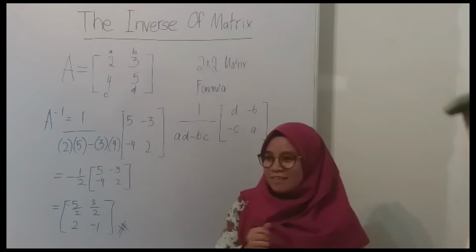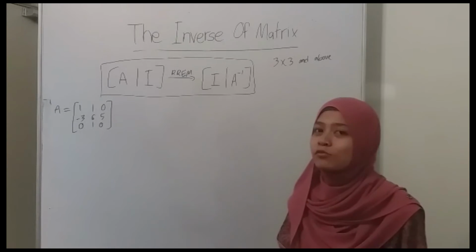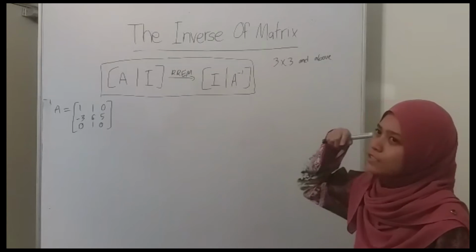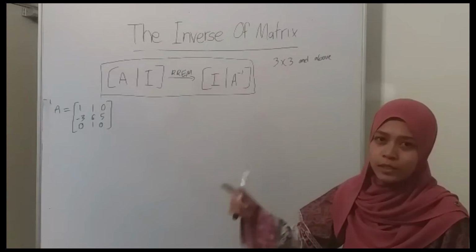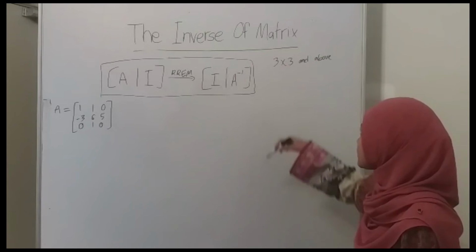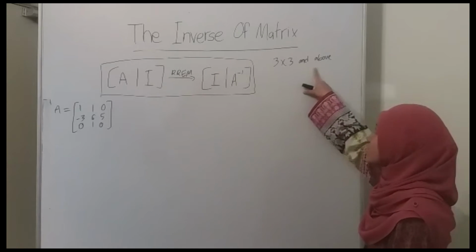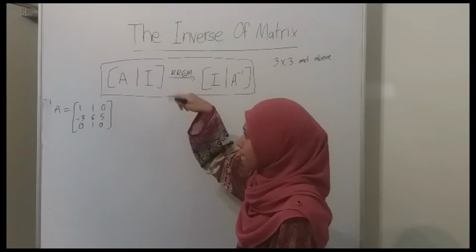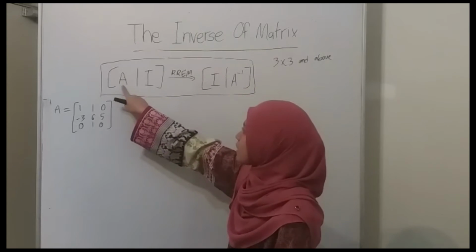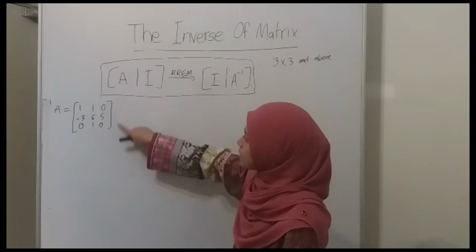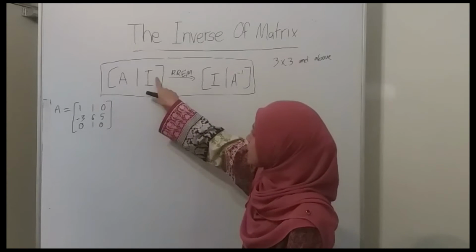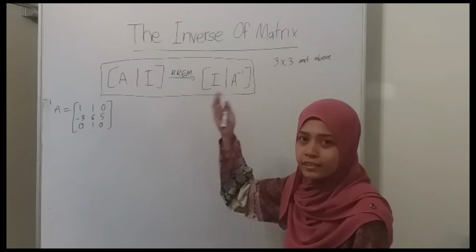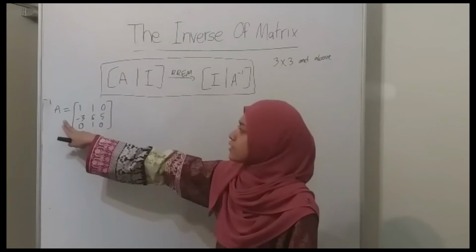Okay, let's move on to the inverse of a matrix other than a 2 by 2 matrix, which means we can use it for 3 by 3 and above. The form is like this. This is the matrix A, which is this one, and then this is the identity of A. If you want to know the identity, we look at the matrix.